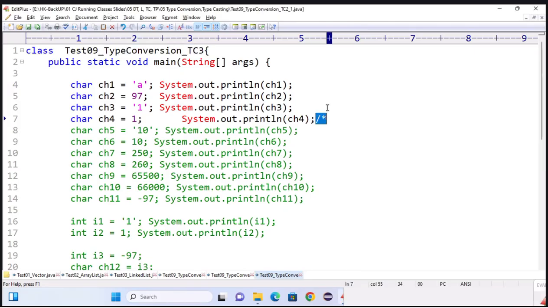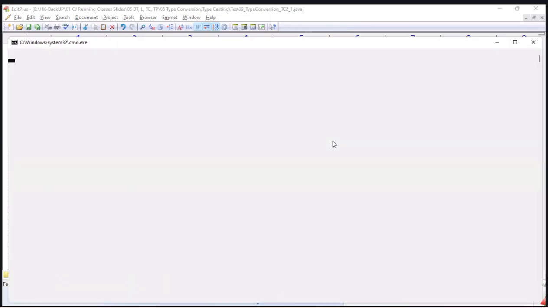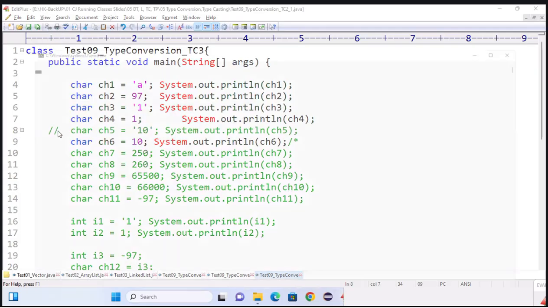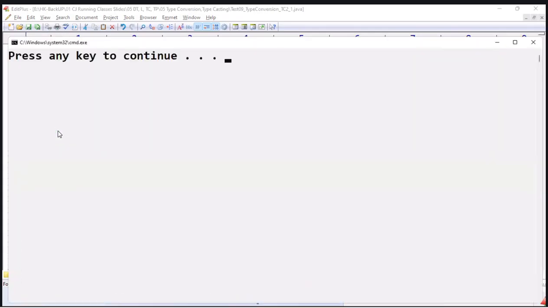Similarly, tell me, if I assign single quote 10, the compiler throws an error. If I assign 10, error or no error? No error. What is stored? 10 character is stored. The 10 character is the new line character.